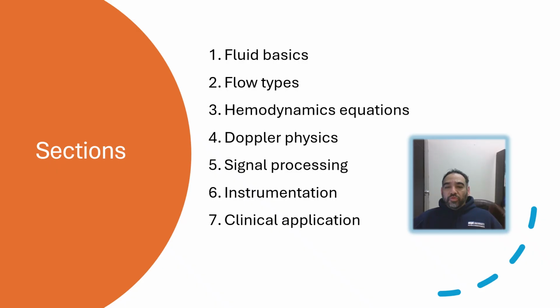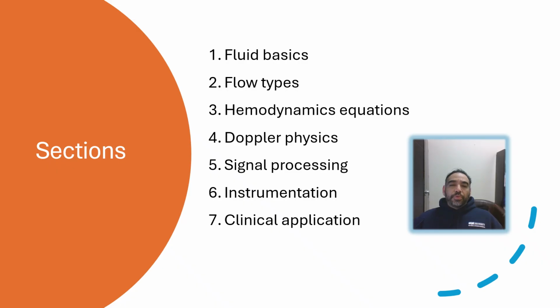Then we explored signal processing, where those frequency shifts were transformed into spectral waveforms using the FFT. And today we transition into instrumentation. So if Doppler physics explains how motion creates a shift, signal processing explains how that shift becomes a display. Instrumentation explains how the machine acquires and controls that information.